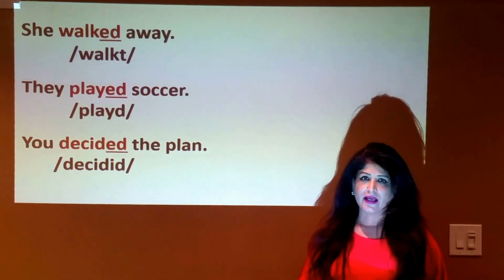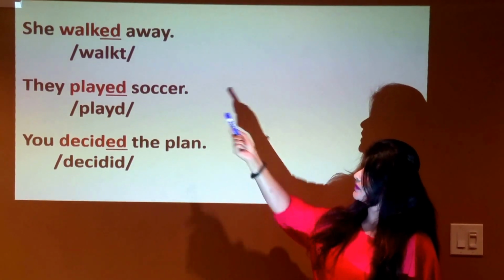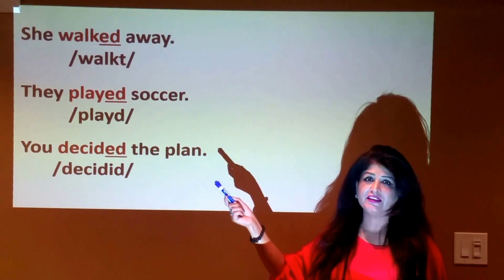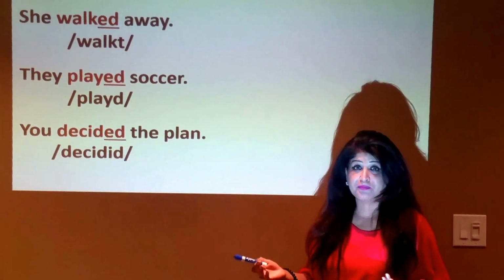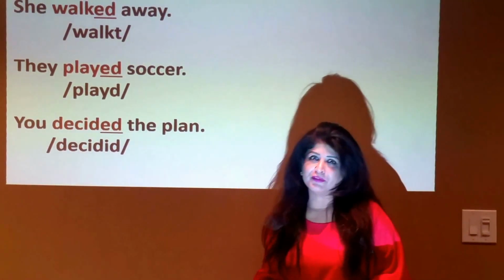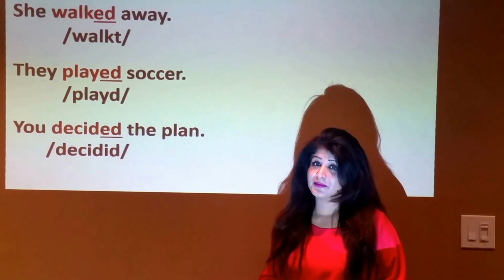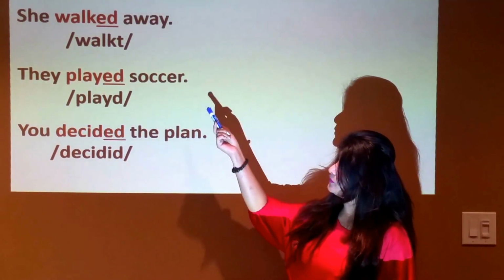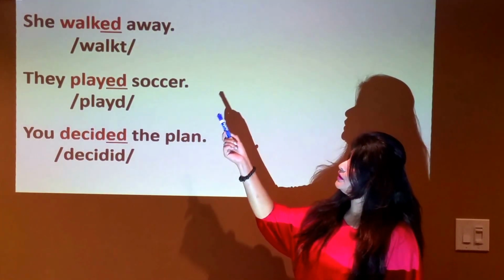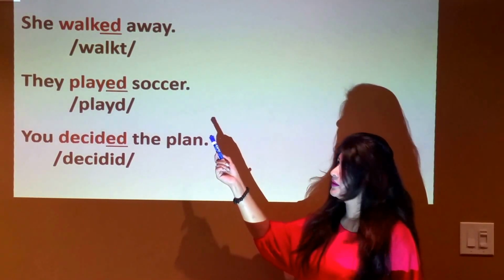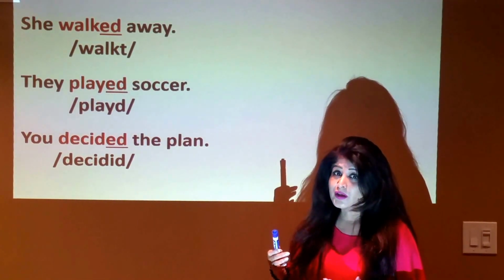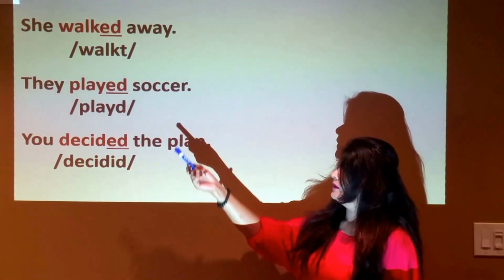Here I have these examples for you. You can see in writing, the ed ending is the same, but when we pronounce them, they are different. For example, in the first sentence, she walked away. We don't say walk-ed, we say walkt.